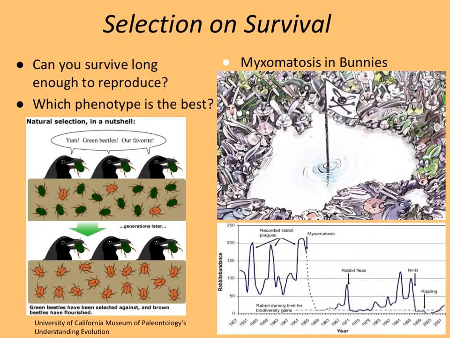You can see these different rabbit plagues along different years. And around here is when they started using it, and it killed everything. Now, that's selection. That's like Ebola virus, right?